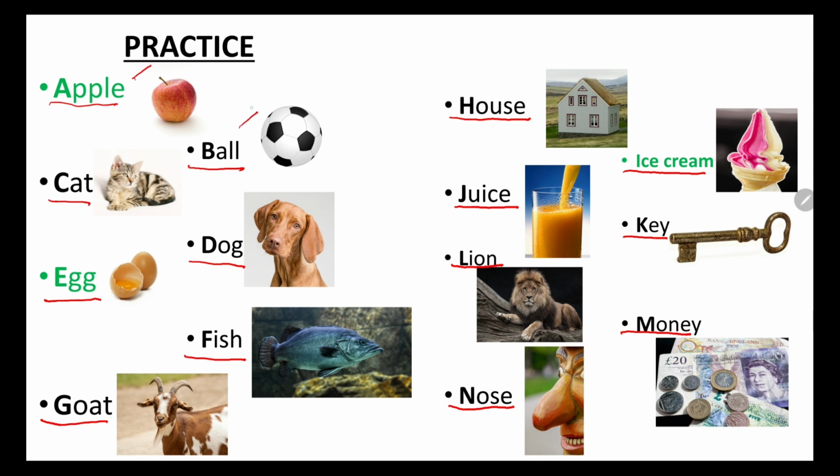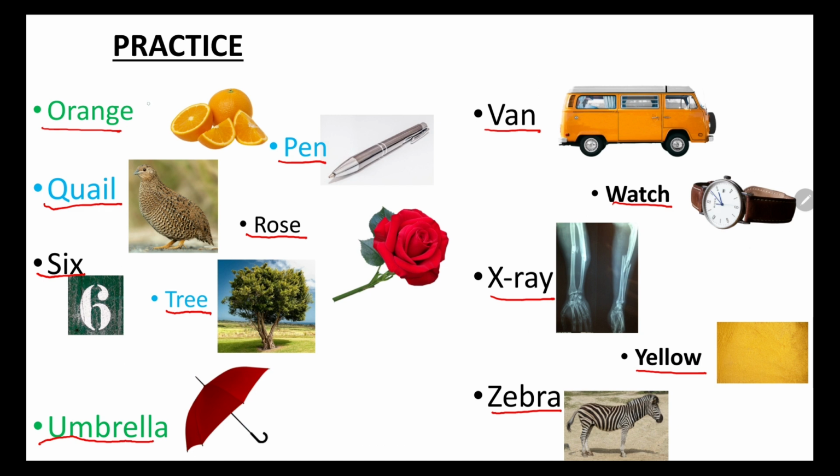Apple, ball, cat, dog, egg, fish, goat, house, ice cream, juice, key, lion, money, nose, orange, pen, quail, rose, sun, tree, umbrella, van, watch, x-ray, yellow, zebra.